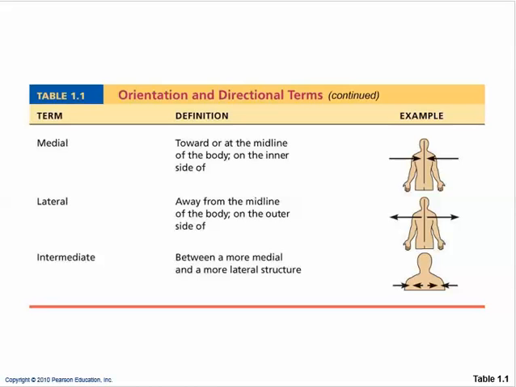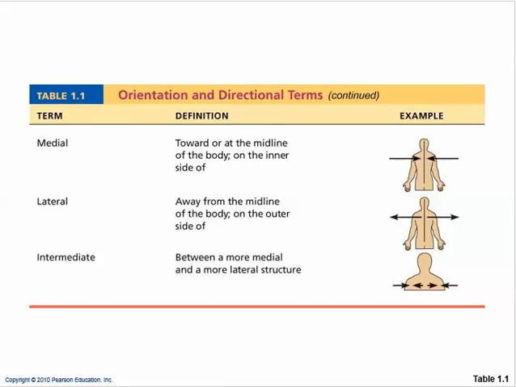Away from the midline is lateral, and in between 2 points is intermediate. So we can say that your shoulder is lateral to your sternum. We can say that the sternum is medial to the shoulder, and we can say that the clavicle is intermediate to the shoulder and sternum. It's just a way of describing it.